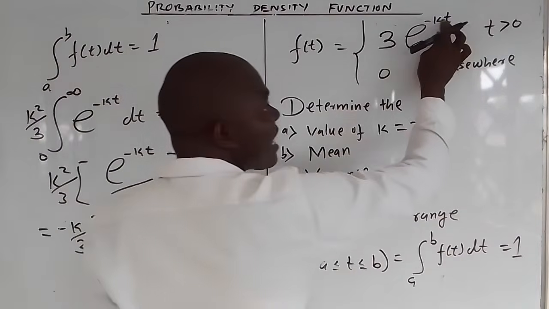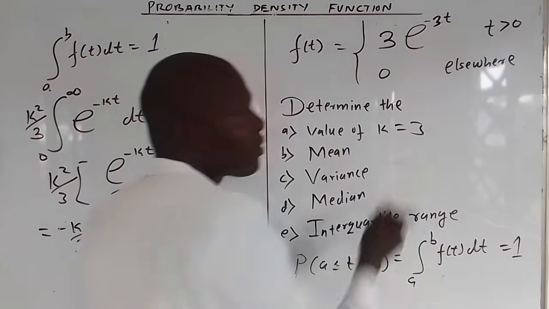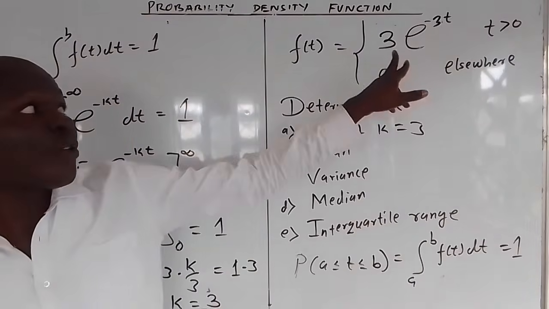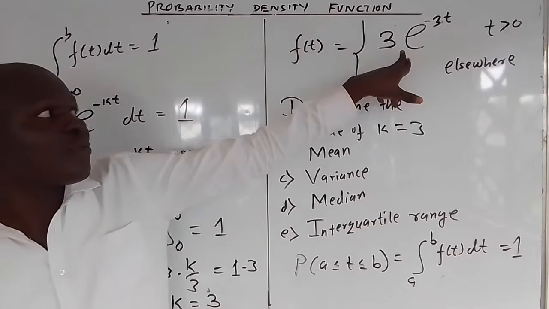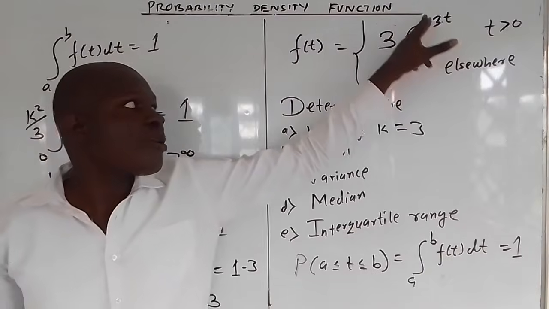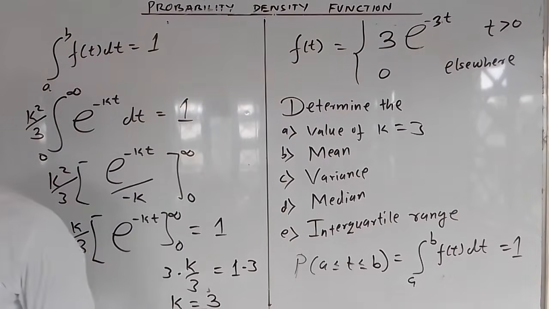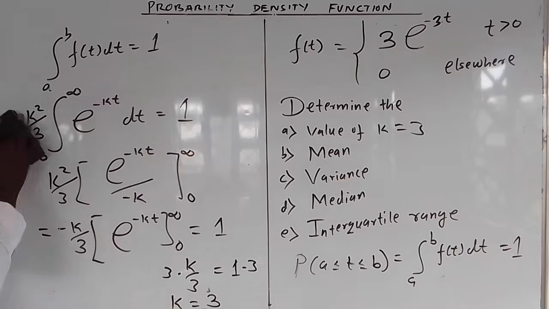Then here we have minus kt, but k is 3. So where there is k, you put the value of k, and we get our probability density function to be 3 exponential negative 3t when t is greater than 0. Are we together there? You move on. They want the mean. What is the mean?